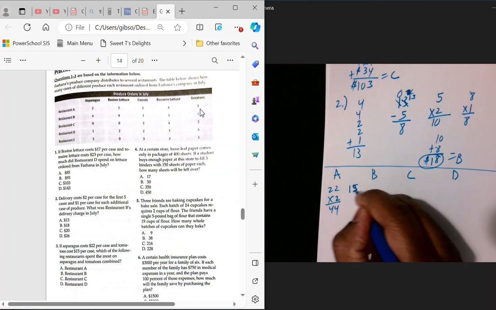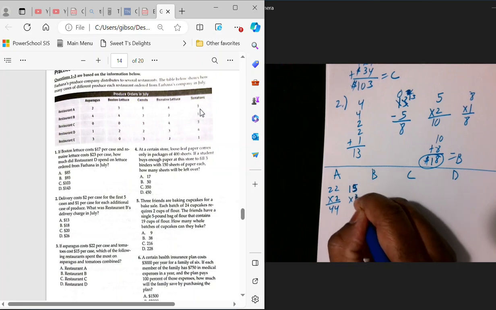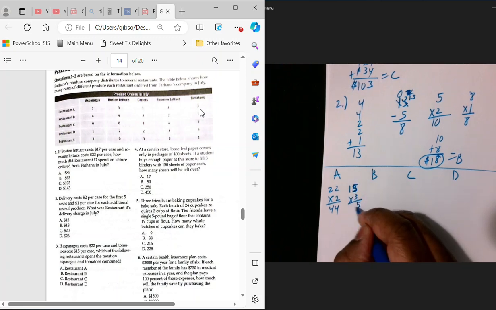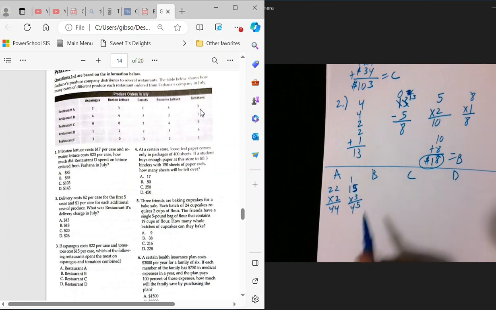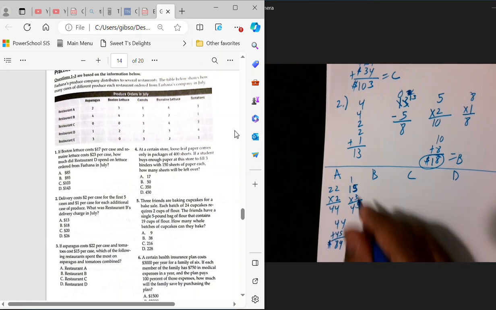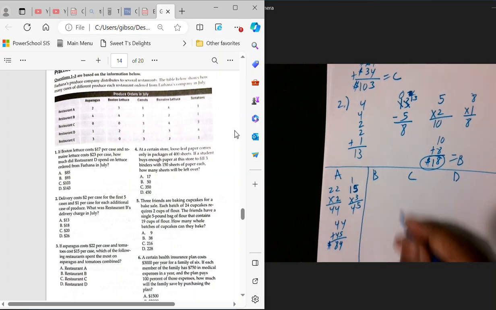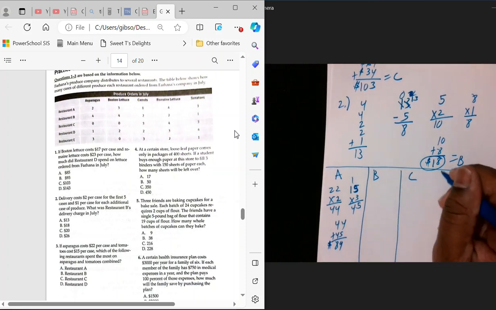So we'll say 15 times 3. 3 times 5 is 15, carry the 1. 3 times 1 is 3, plus 1 is 4. So we have 44 plus 45. We would add them, so that'll be $89 for restaurant A. I'm going to break these up.